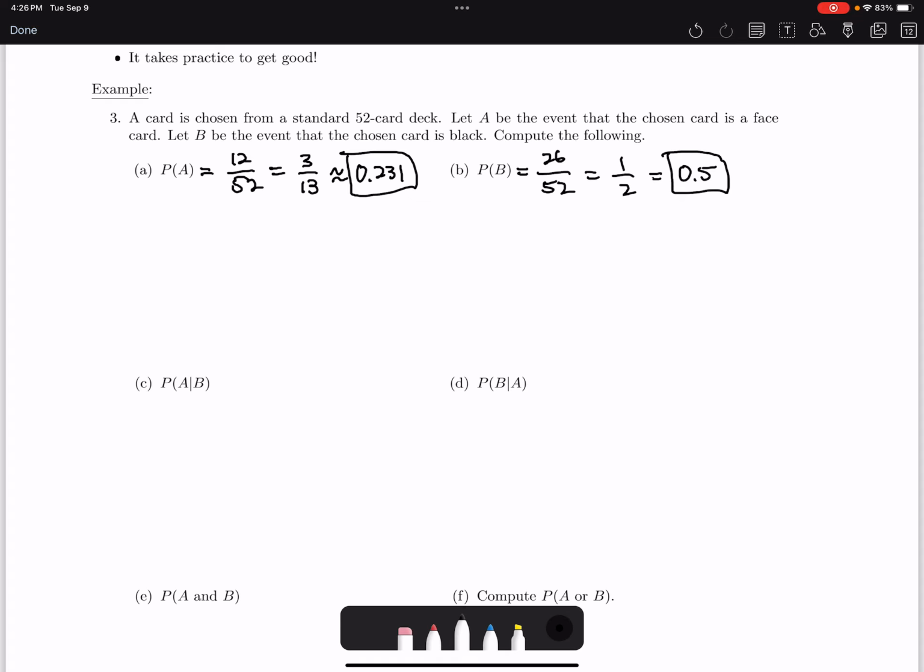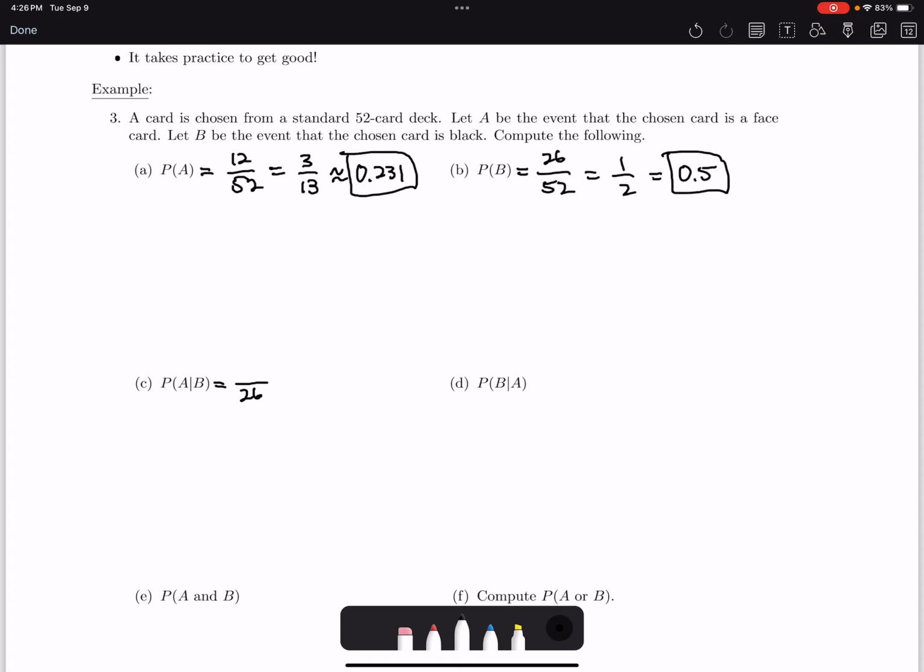Part C says to compute the probability of A given B. In other words, we want the probability of choosing a face card given that the card is black. So if we're given that the card is black, then it's like the red cards don't even exist. It's like there are only 26 cards to choose from, right? Because we're given that the card is black. And out of those 26 black cards, the question now is how many of those are face cards?